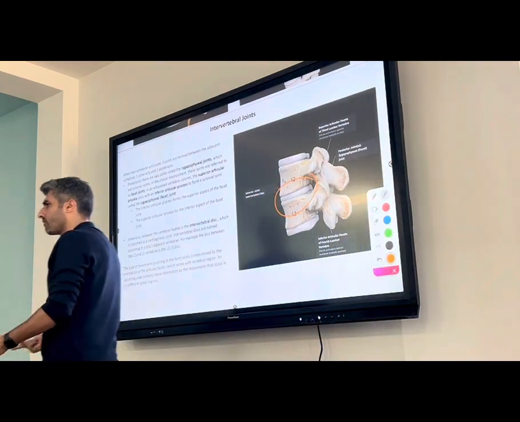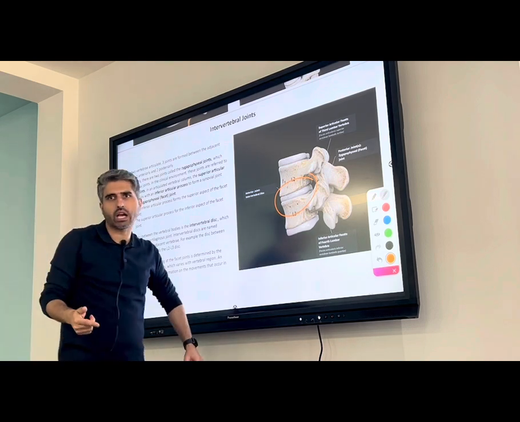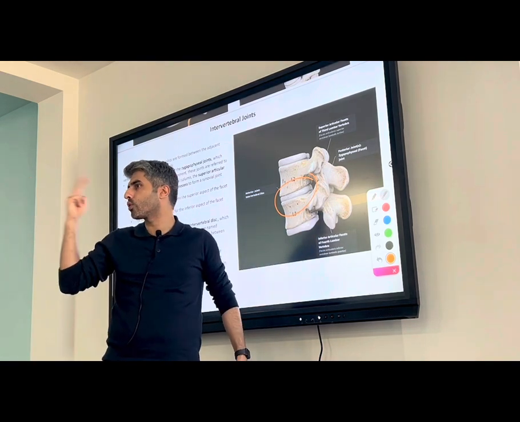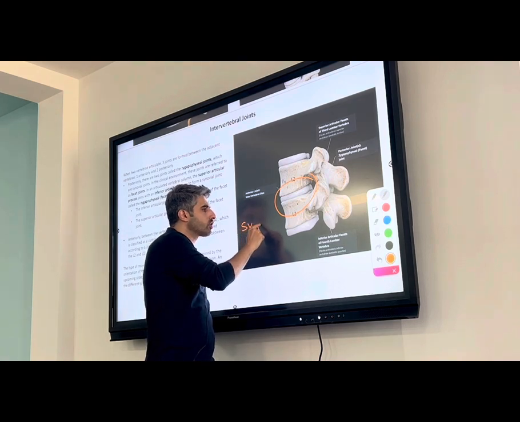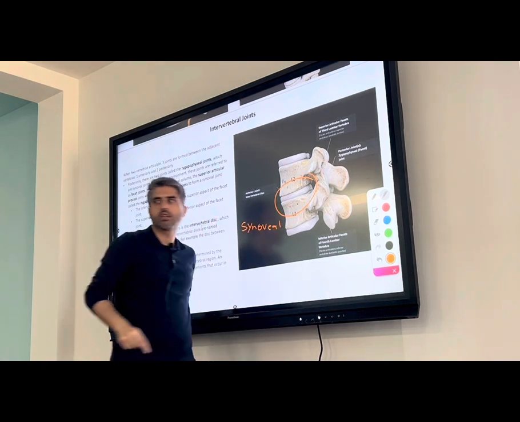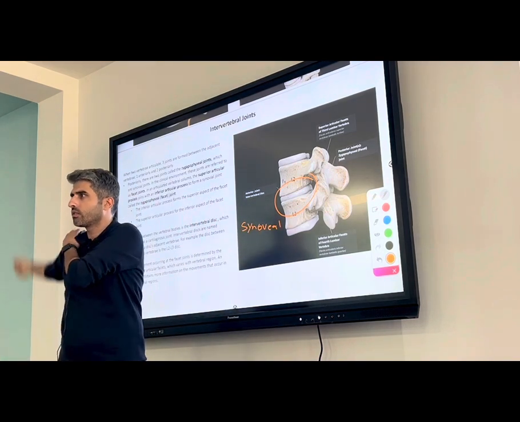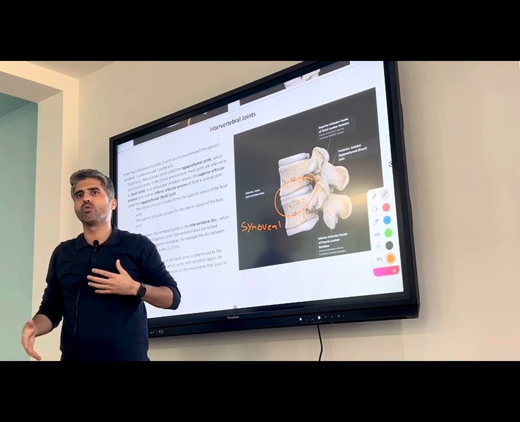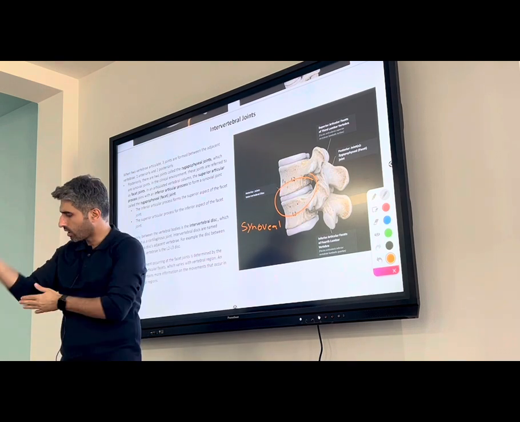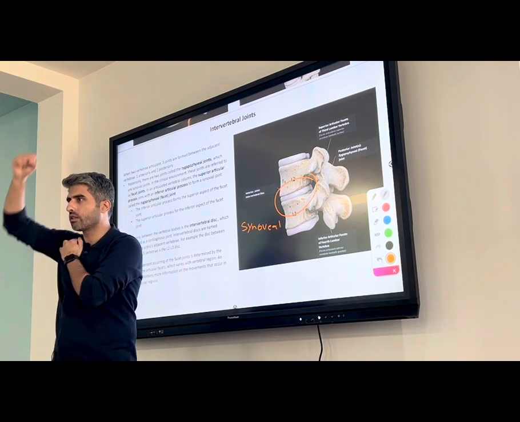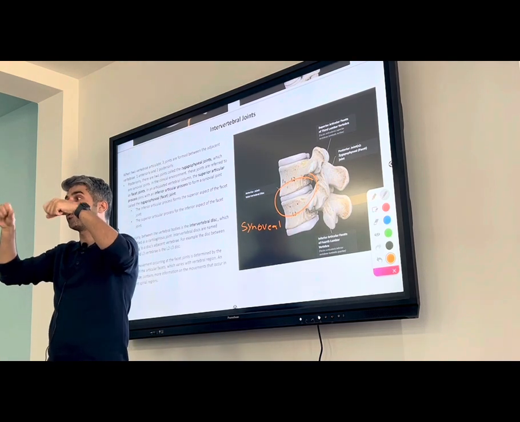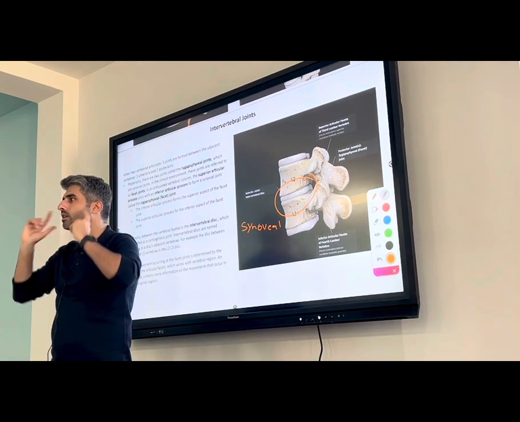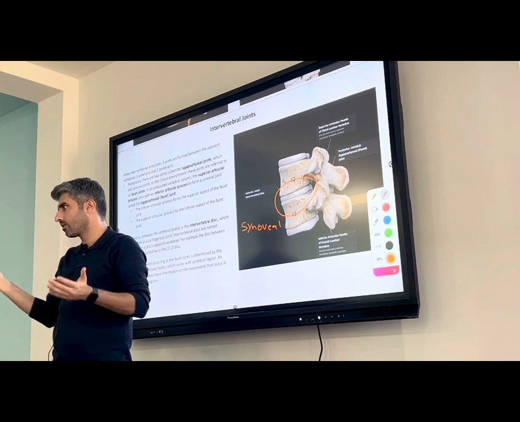What is the type of the joint? How many types do we have? We have three types of joints in the body. Some joints have a lot of movement, like this. All of the joints you can easily move are synovial. If you can move your joint easily, this is synovial.